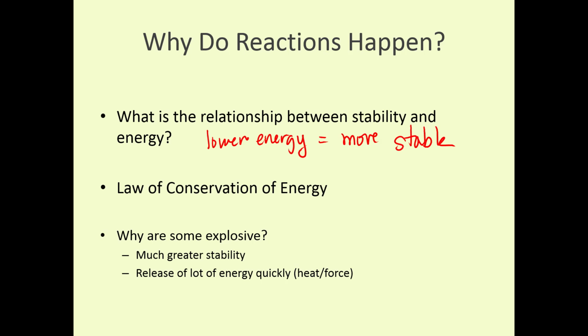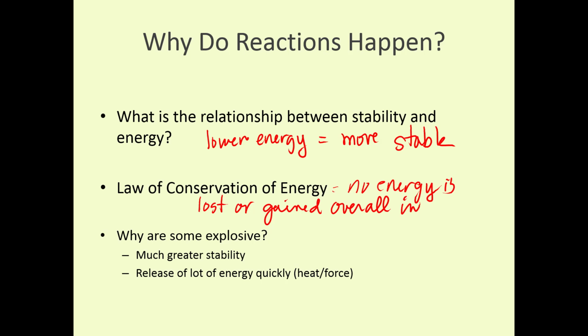The law of conservation of energy says that energy is not lost or gained in a chemical reaction overall. So we have to be able to account for all the energy along the way.